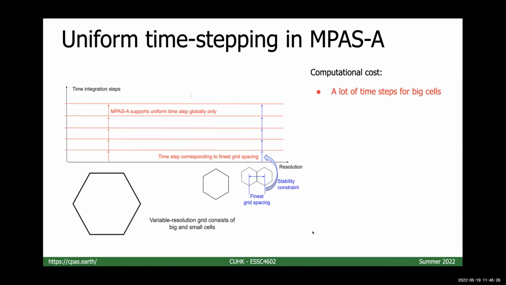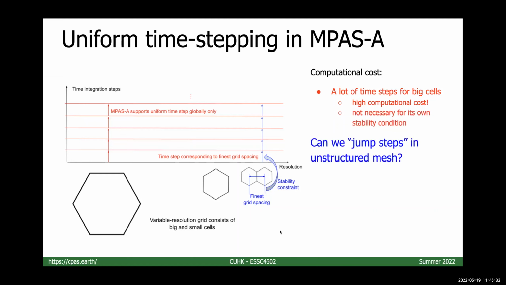So what we did in the last few years is to try to implement this. In the CPAS version that modified the open source MPAS, we implemented jumping steps for bigger cells like this. So here, 1 computation step instead of 2, and also like this. And for even bigger cells, 1 computational step instead of 4.